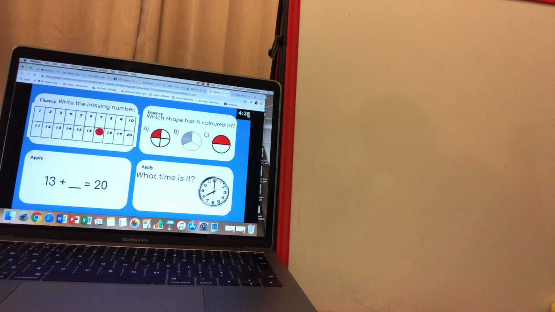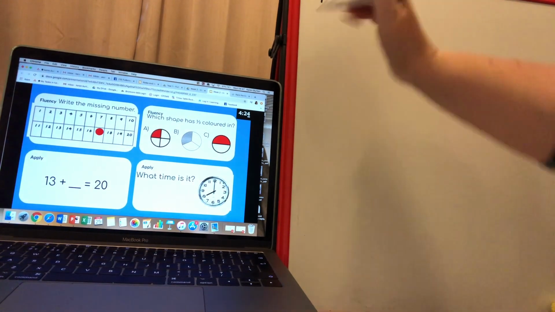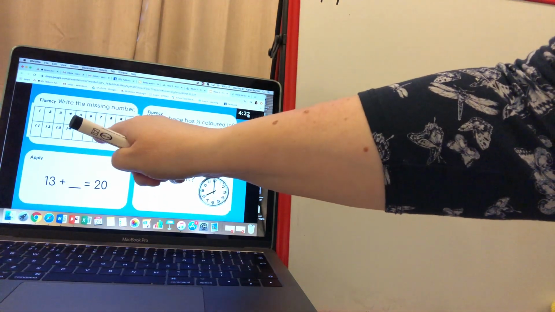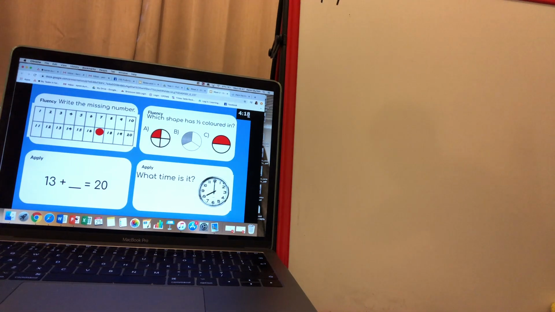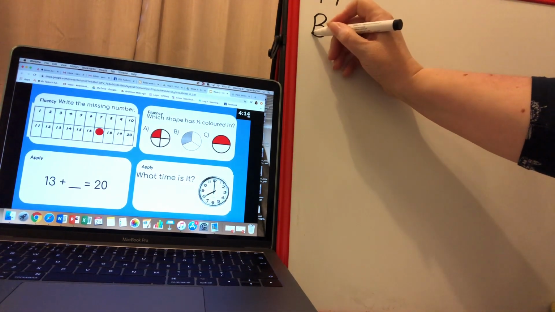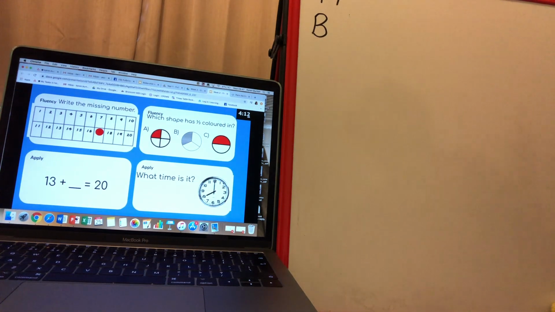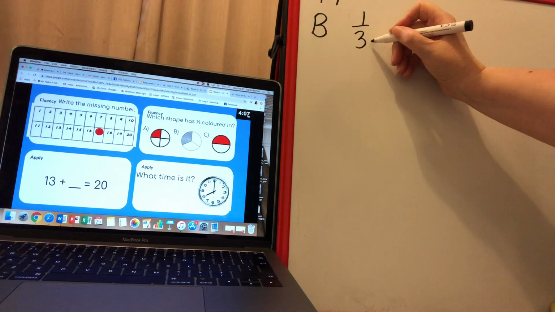Okay, so in the number grid, the missing number was 17. 15, 16, 17, 18. Which shape has 1/3 coloured in? The answer is B. Remember, 1/3, if I write it, you're looking for one part out of 3 parts.